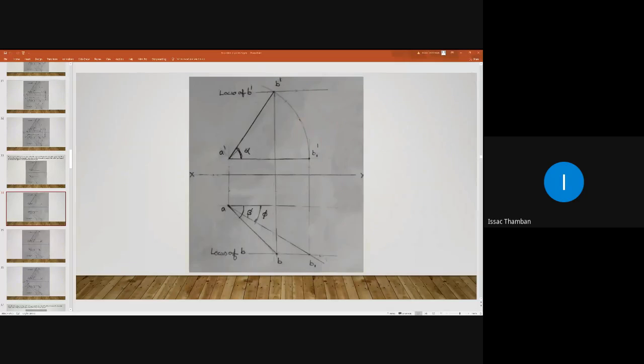So what is the value? 55 millimeters, sir. Yes. What is the true length? 55 mm. Amala Varghese. Yes, sir. What is the true length? 55 mm.